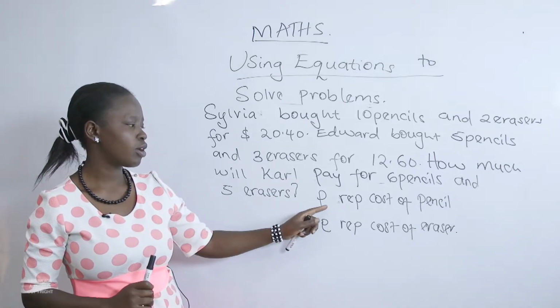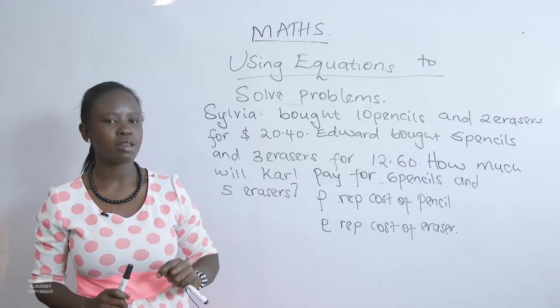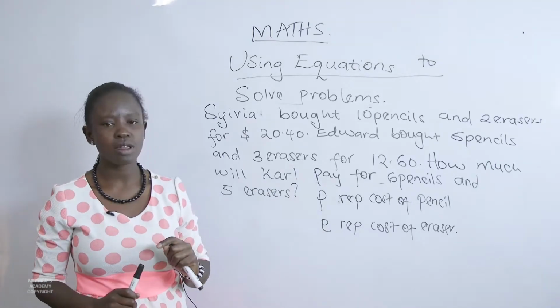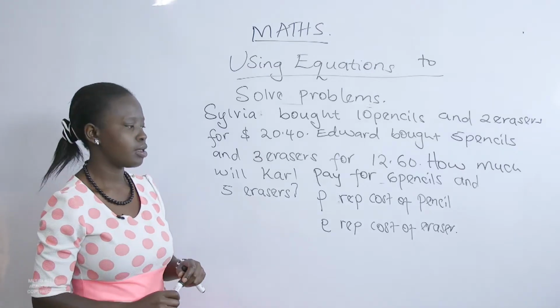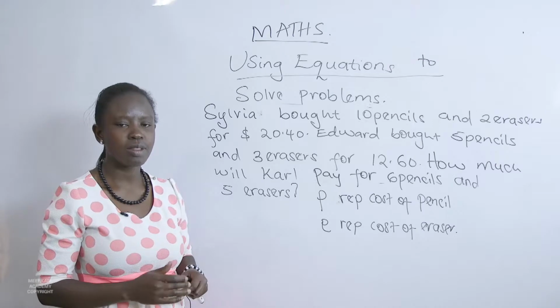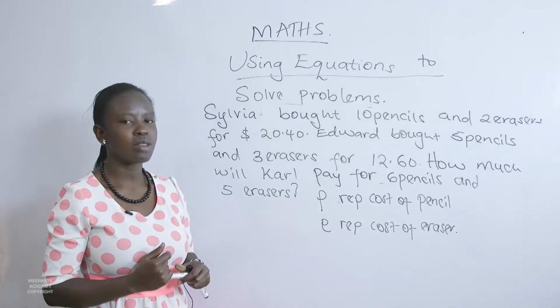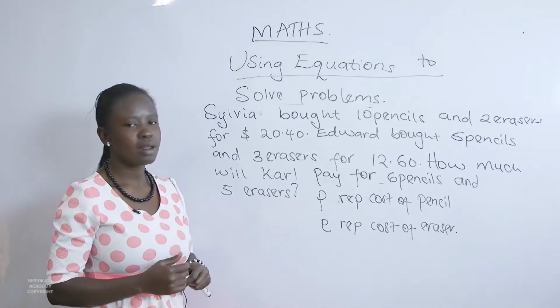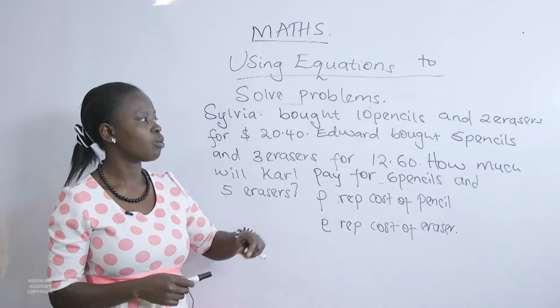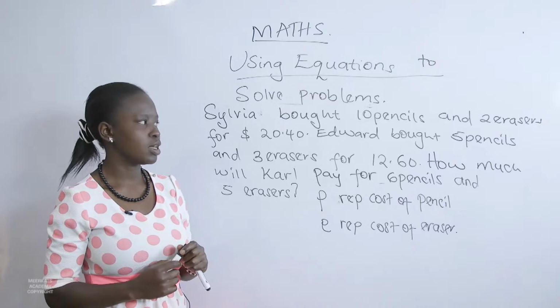So we've identified that P is representing the cost of 1 pencil and E is representing the cost of an eraser. So after identifying the pronumerals that you're going to use in the equation, the second step is writing down the equation from the problem that you've been given.